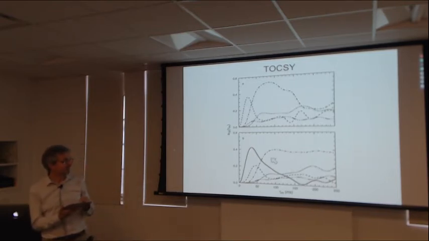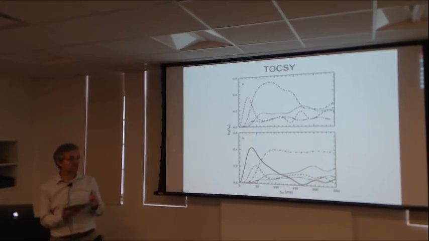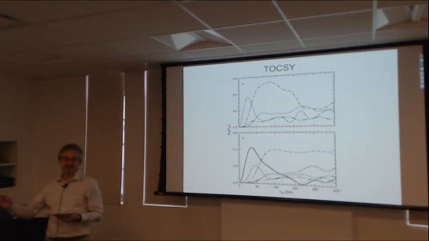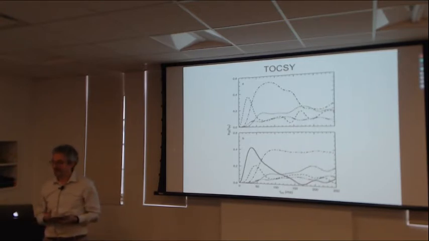And you can get very funny behavior. I don't remember if this is the beta or the gamma, but you can see that this particular proton ends up in a steady state where the magnetization flowing from it to the other spins is essentially offset by magnetization flowing from the other spins back to it. So every amino acid has a different behavior in these kinds of calculations because of the topology.